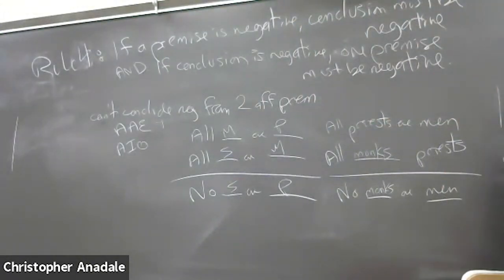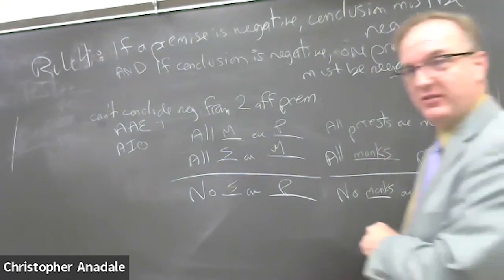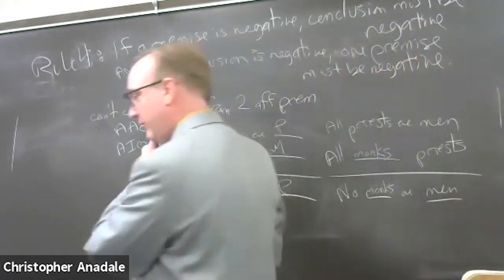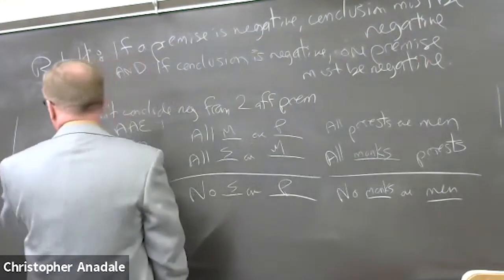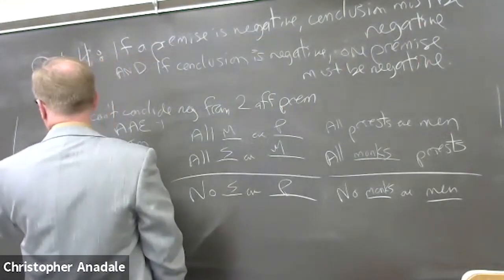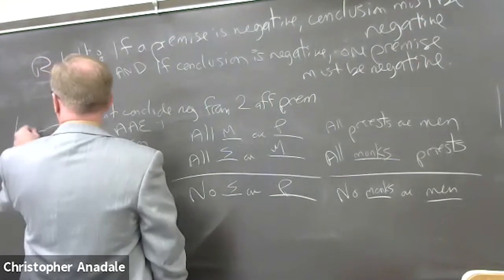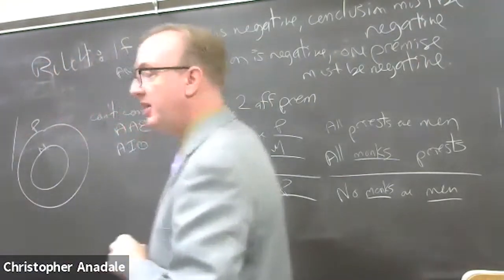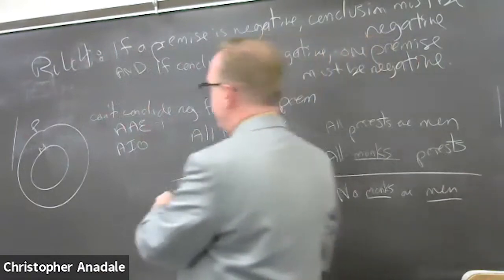Suppose that were true. Therefore, no monks are men. Seems almost like the opposite would follow, doesn't it? Right? Actually, I would want to conclude an A claim from that. Maybe think about this with some basic diagrams. If all M are P, M is contained entirely inside of P, and we know S is contained entirely inside of M.